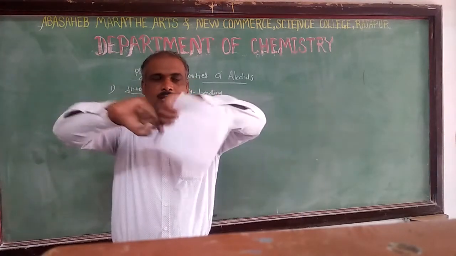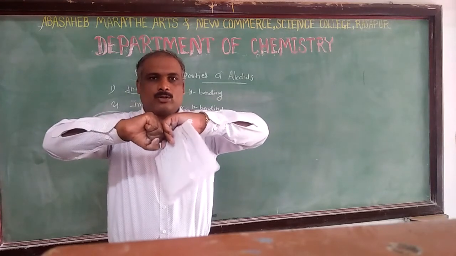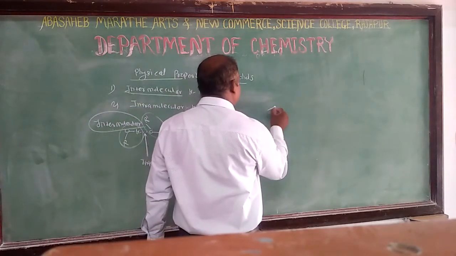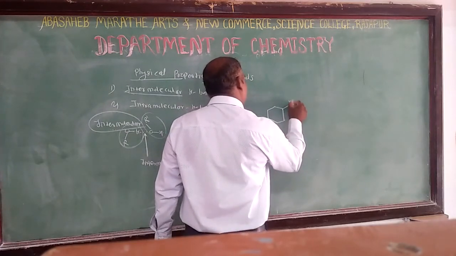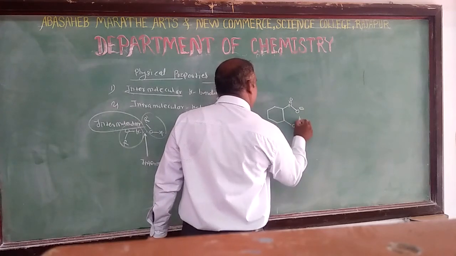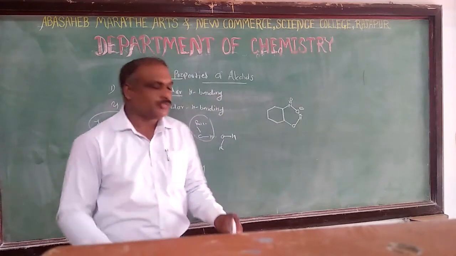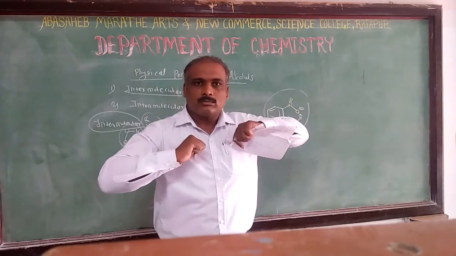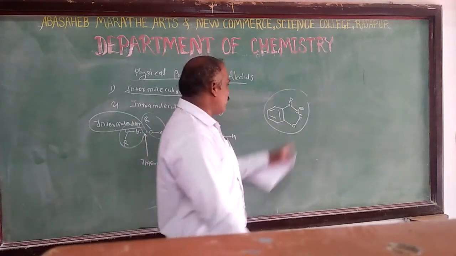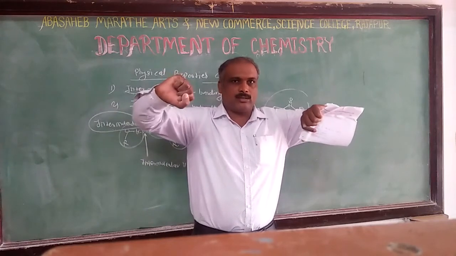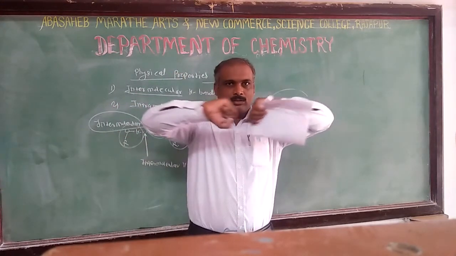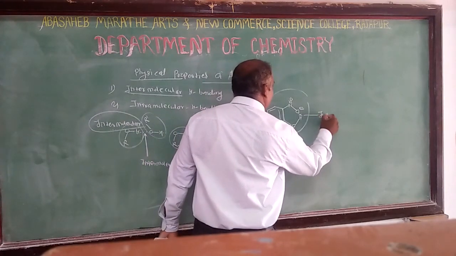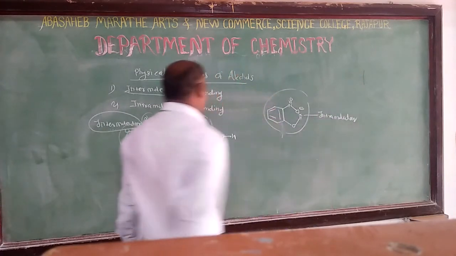This is my hand and this is my other hand, joined with each other, which is called intramolecular hydrogen bonding. Such bonding is present in orthonitrophenol. We see here O minus, H, and this hydrogen bonding is present within the molecule. This oxygen and this hydrogen are joined with each other, which is an intramolecular hydrogen bond.